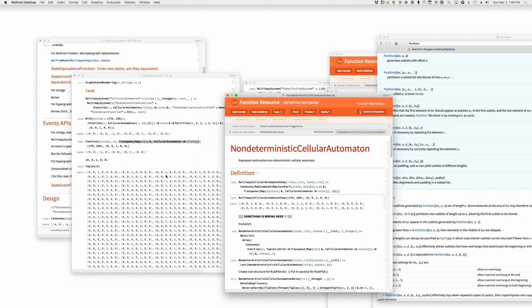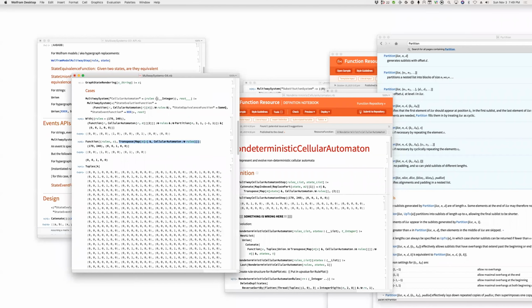I think this is right. I don't think this is wrong. We're taking a triple and applying a rule to it. It's doing for the CA case exactly what is being done in the substitution system case.